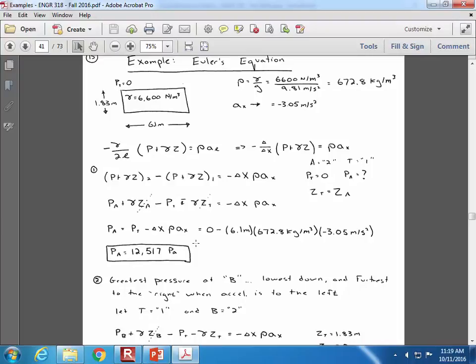The illustration I'm going to show uses location T as the place where we know the pressure and the elevation, but you could get the correct answer by working from A as well. So in this example, we're going to say T is 1 and B is 2.